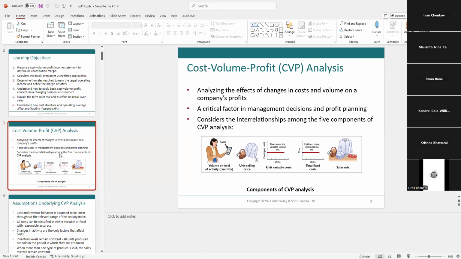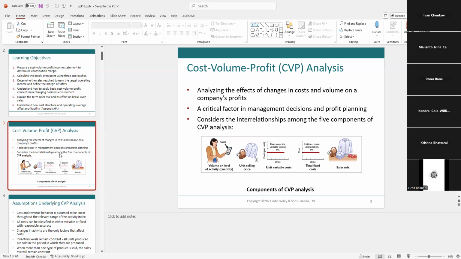And we have to consider the interrelationship between 5 elements. First one is the volume of activity. Can be sales, can be usage of material. We have to identify the unit price for a single unit.